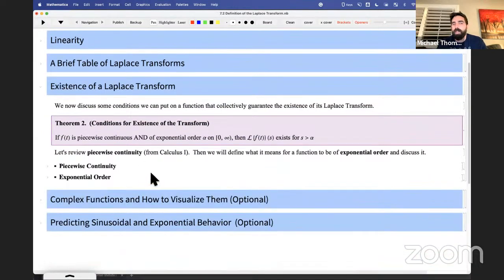It turns out there's two things that are required for a function f to have a transform. One of them is the function needs to be piecewise continuous. You guys know what that means? You know what continuous means, right? You can draw it with a pencil from left to right. Piecewise continuous basically means you can draw it with your pencil, lifting up your pencil.